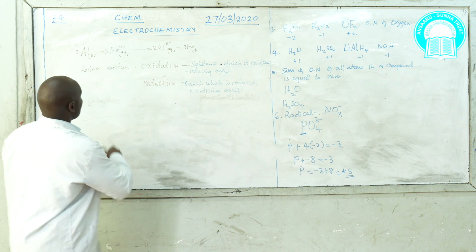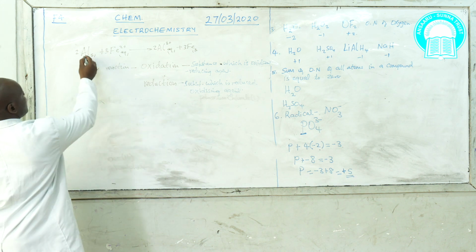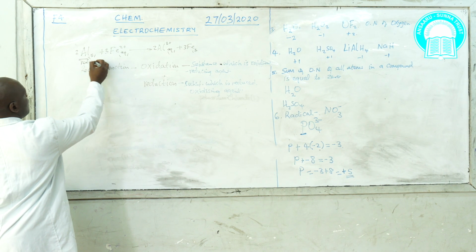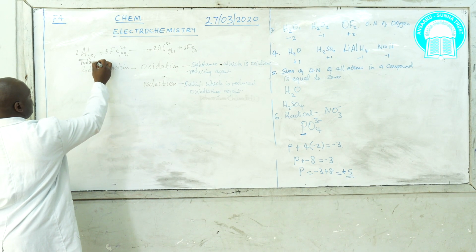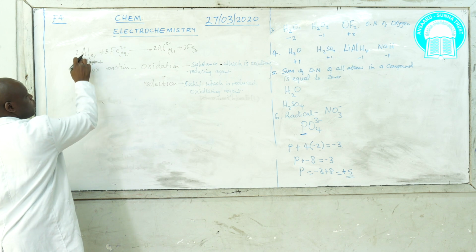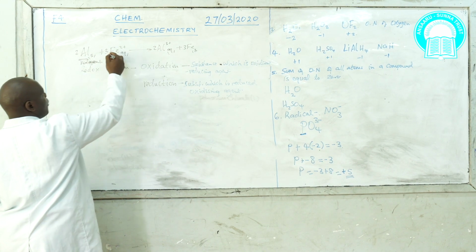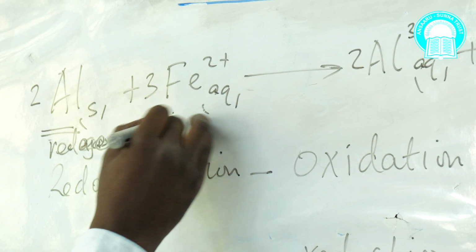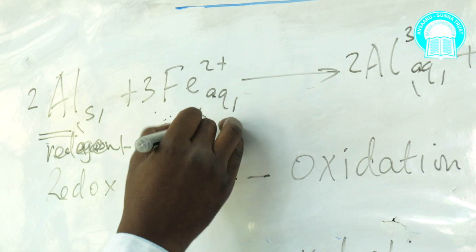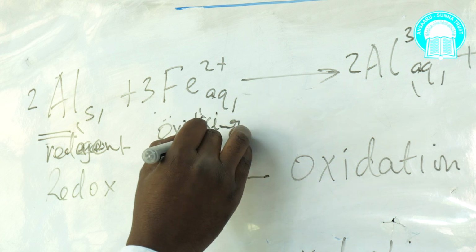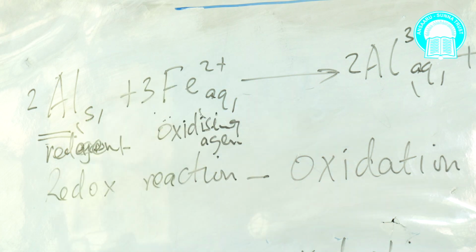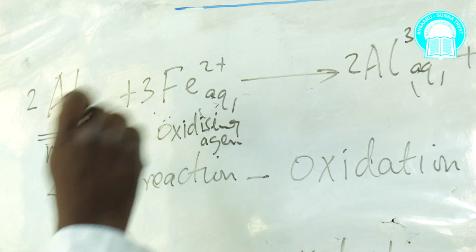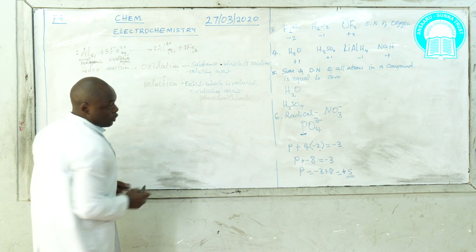So in this reaction, the reducing agent is aluminium because it becomes oxidized. Its oxidation number increases. The oxidizing agent is iron 2 ions. Why? Because its oxidation number decreases from positive 2 to 0.